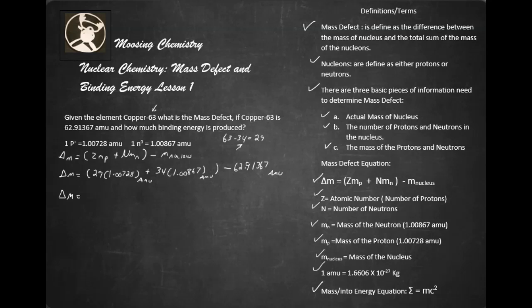So delta M equals 29.2112 AMU plus 34.29478 AMU, minus 62.91367 AMU.